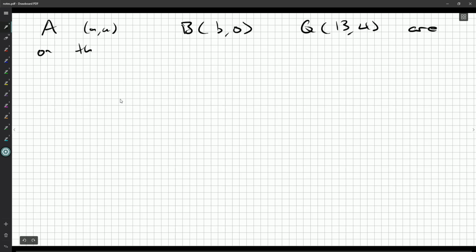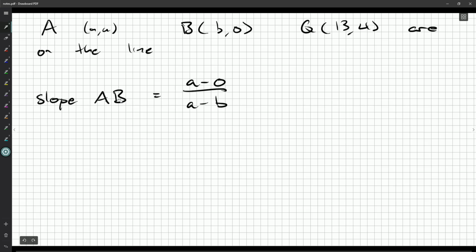So, what should we say? Well, we know A is (a, a), B is (b, 0), Q is (13, 4), and they are on the line. So the slope of AB can be calculated in a few ways. It could be rise over run like this.